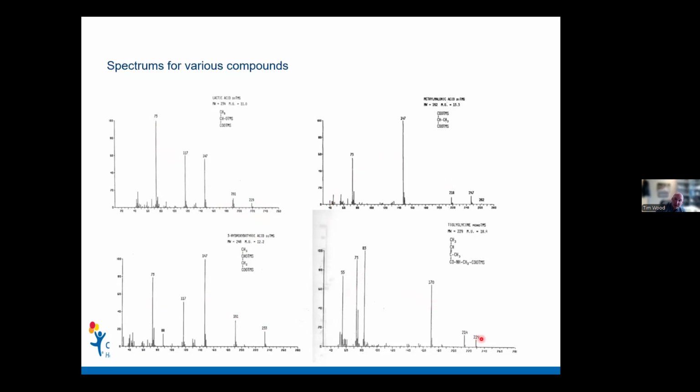tiglylglycine. So if you're really good, what you do is you memorize the characteristic ions of each one of these, and you can just look at the spectra and figure out what it is. And those are exceptionally bright people.